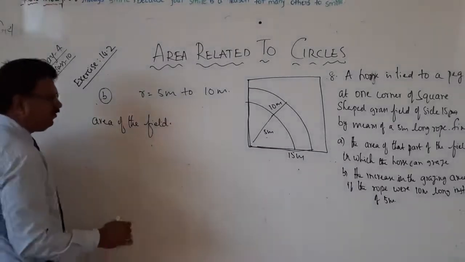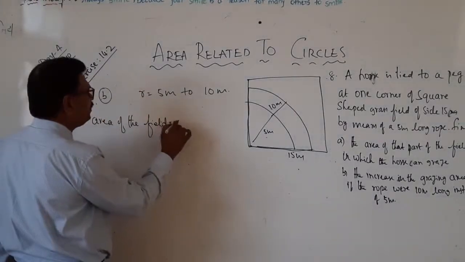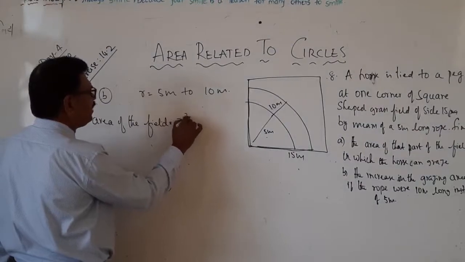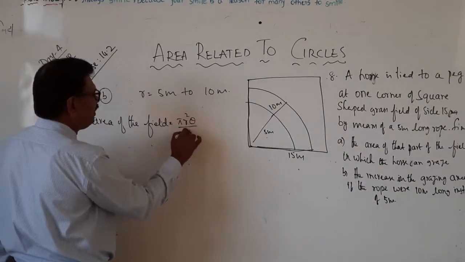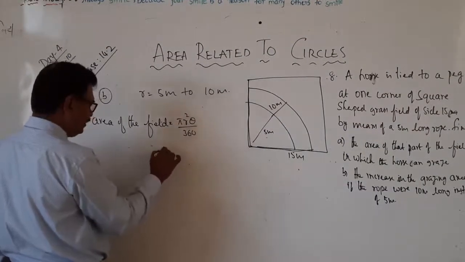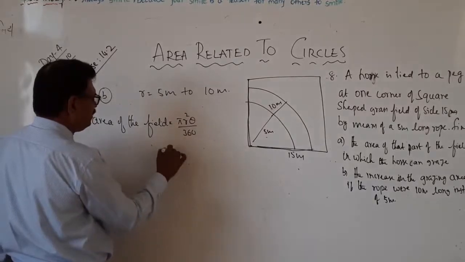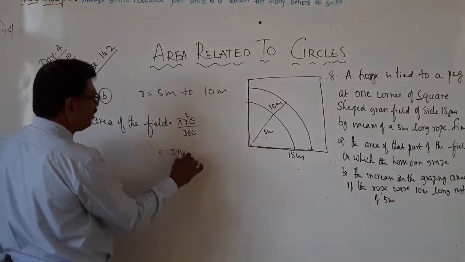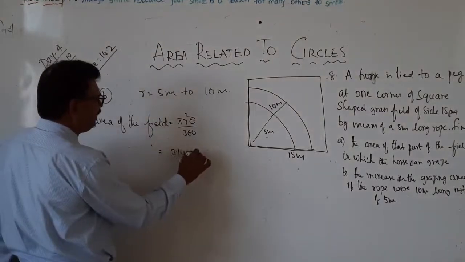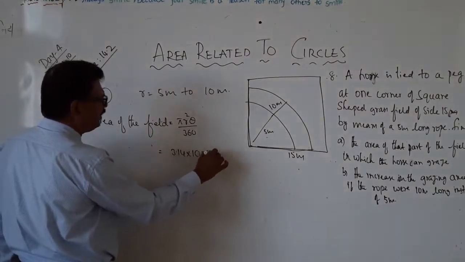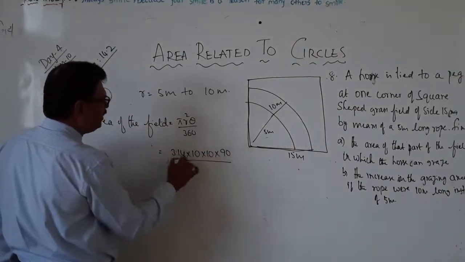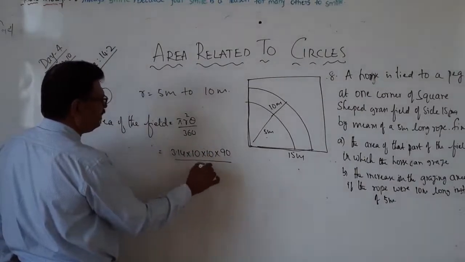Area of the field is equal to pi r squared theta by 360. Pi is 3.14, into r is 10 into 10, into theta is 90 divided by 360.